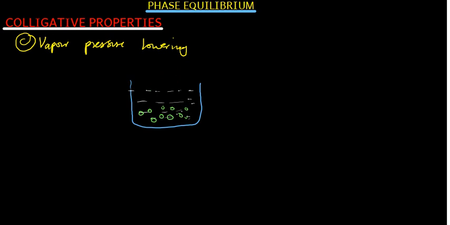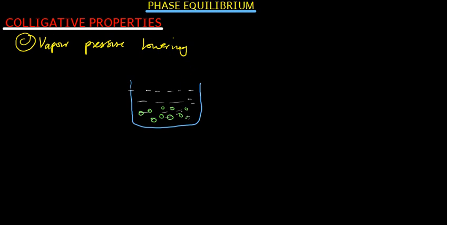So if we increase the boiling point, that means we have to supply a lot of energy for us to change this liquid into a gas. That is the same thing with vapor pressure. The tendency of a material to change into gas, and vapor pressure increases with temperature.